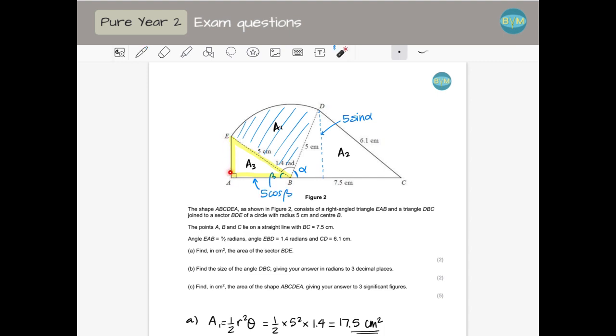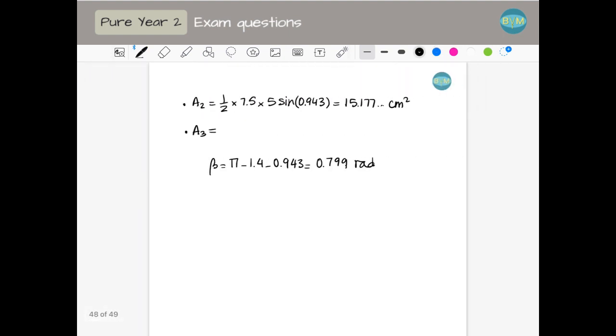And we can do the same with this one. It's the opposite to the angle, so sine of this angle is going to be this side divided by 5, which means that this side is going to be 5 sine beta. So we know both sides and we know beta.